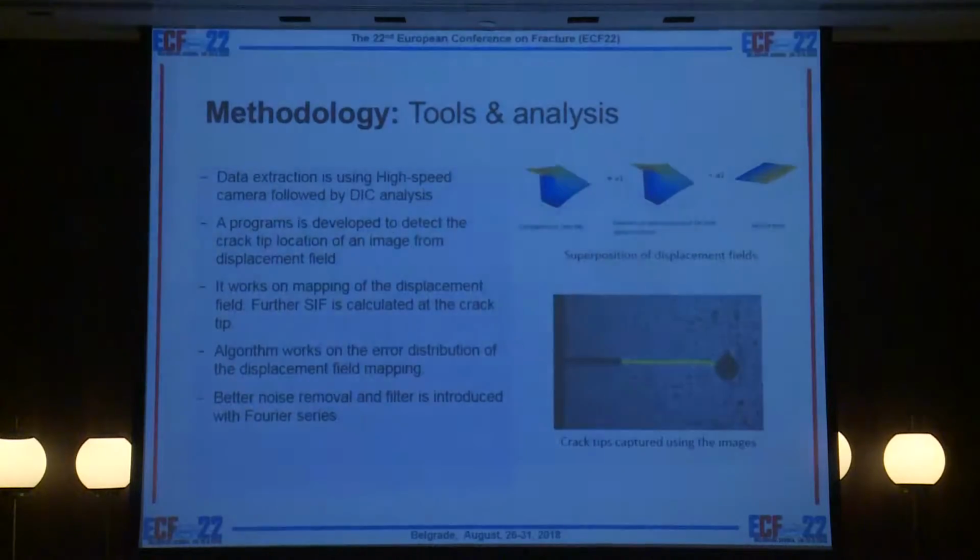And to get the fracture parameters from the DIC, I have developed a program. So what it does is that from DIC we get the displacement field, and this program looks around the domain and finds a crack tip and appropriate stress intensity factor.